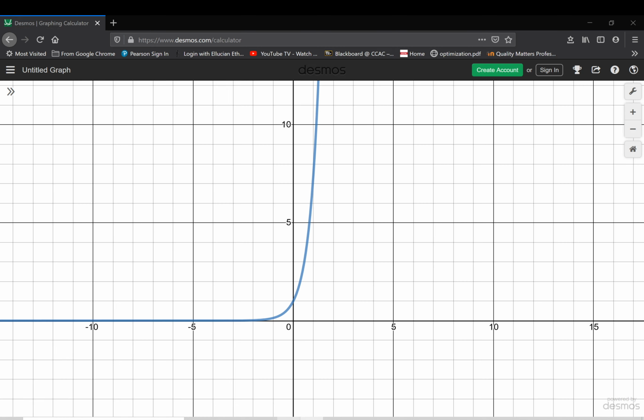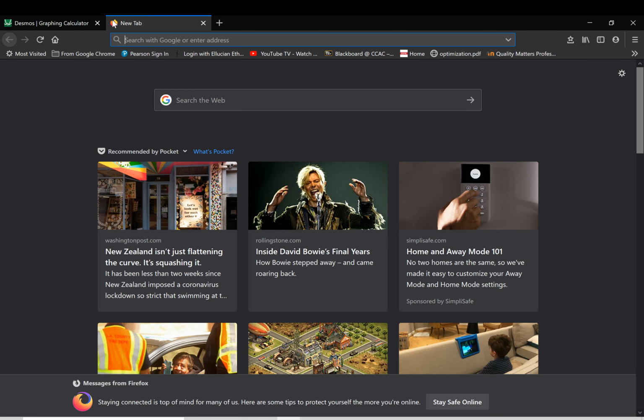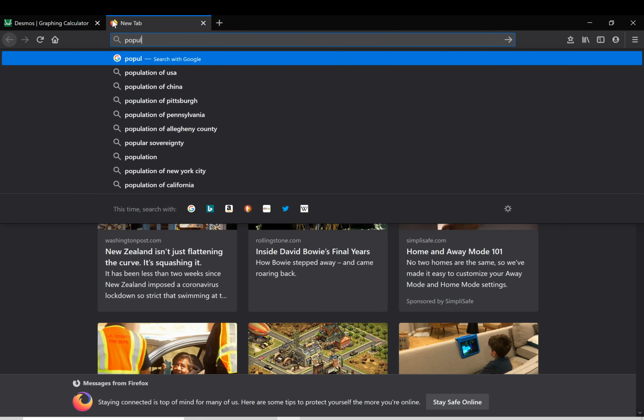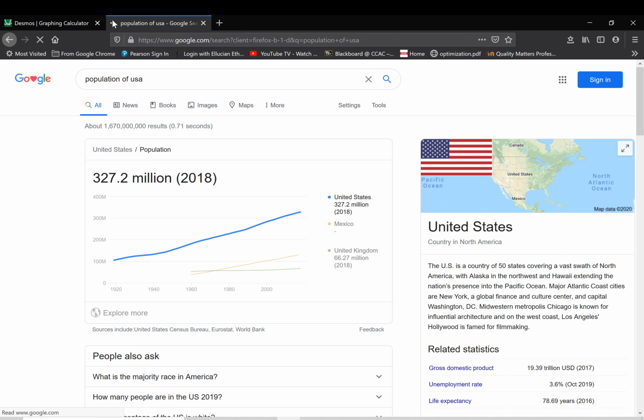I think the population of the United States is about 328 million right now. Let's see, population of USA. 327.2 million. Okay, and that's as of 2018. This year was a census year, so hopefully you did your census.